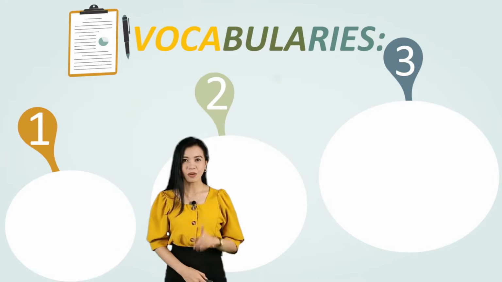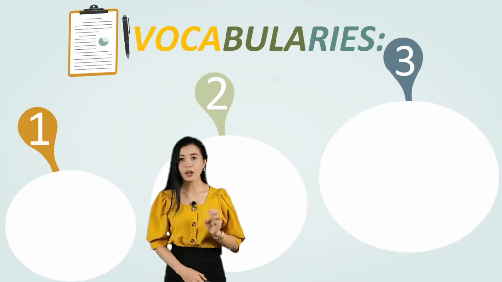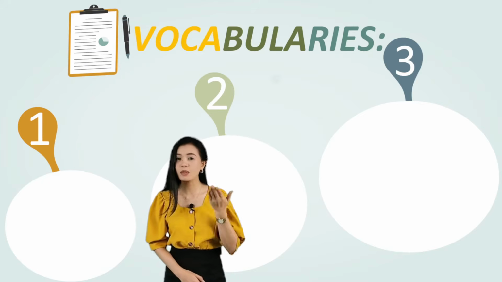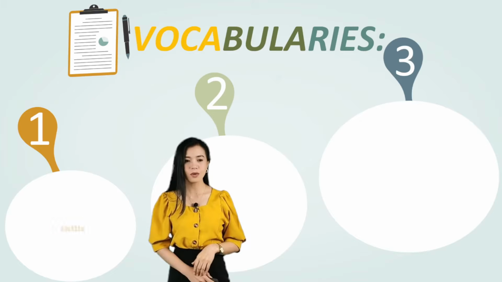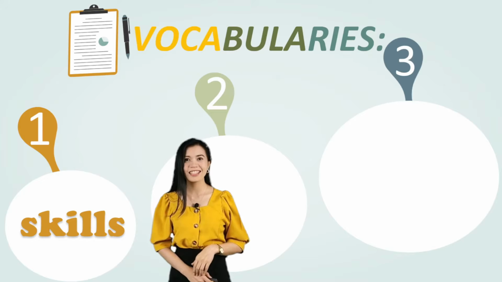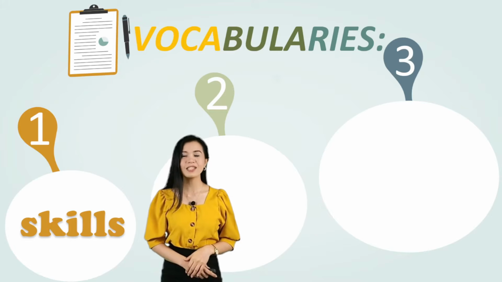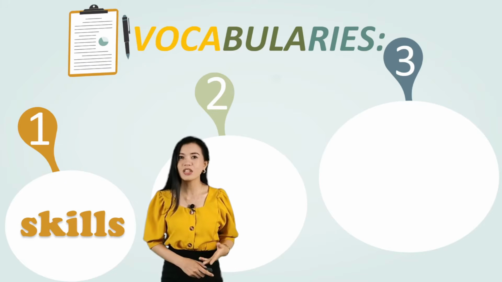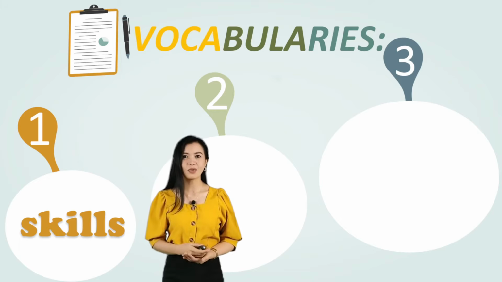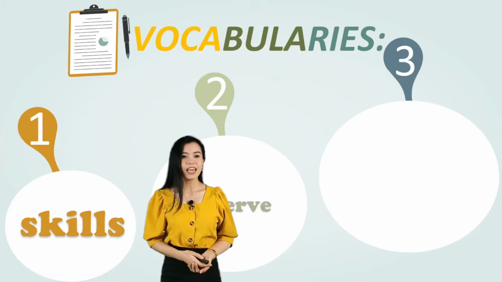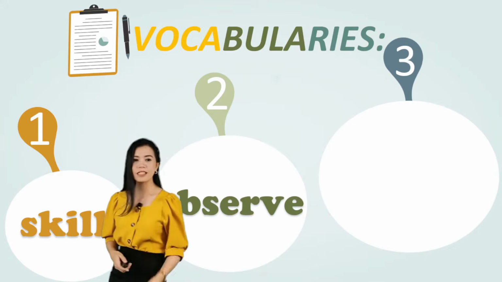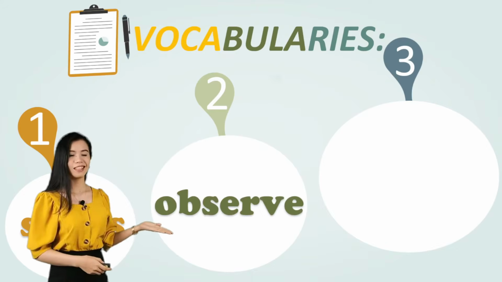Great! But before that, we're going to have vocabulary words for you to better understand our topic. The first word is skills. Skill is the power or the ability to perform a task, especially because of training or practice. The next word is observe.